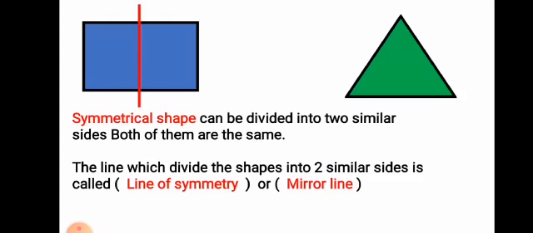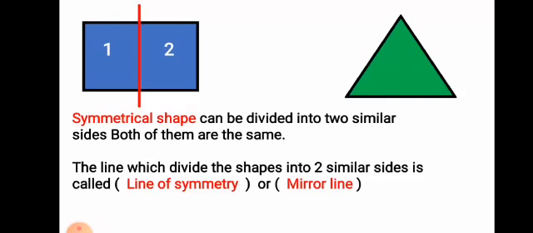So, also, a symmetrical shape can be divided into two similar sides. Both of them are the same, as we just said. I will show you some examples. This is our first shape here. We need to identify this shape. Is that a symmetrical shape or not?